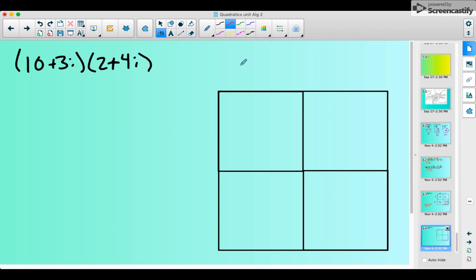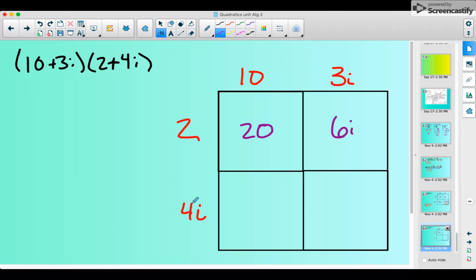One more time. So 10 plus 3i, 2 plus 4i. It doesn't matter which parenthesis goes on each side. Multiply. So 2 times 10 is 20. 2 times 3i is 6i. 4i times 10 is 40i. 3i times 4i is 12i squared.